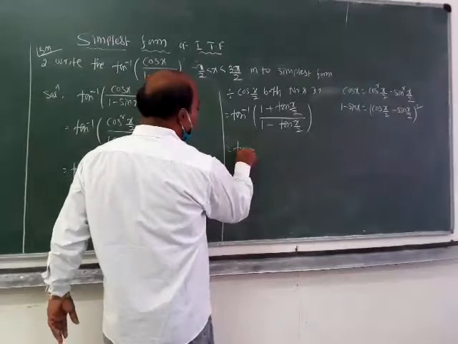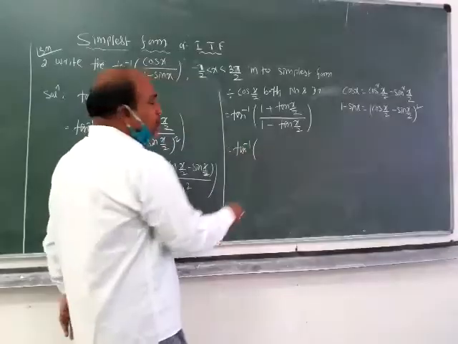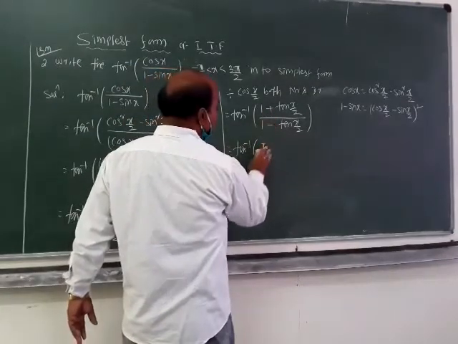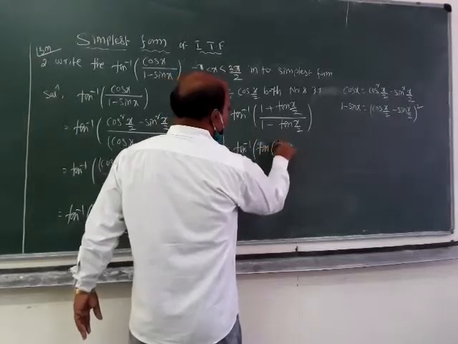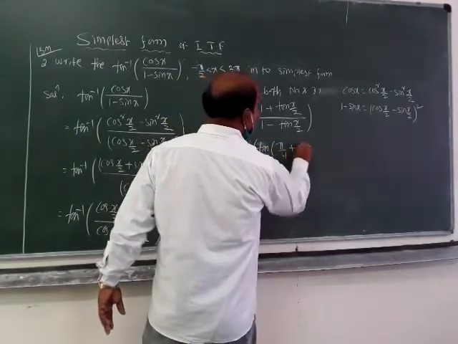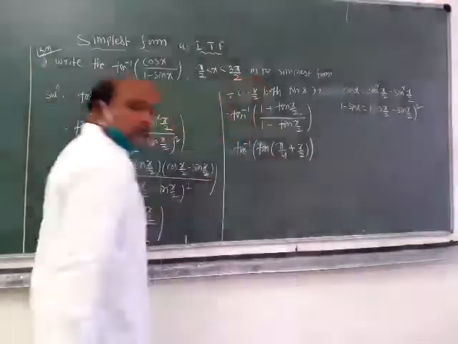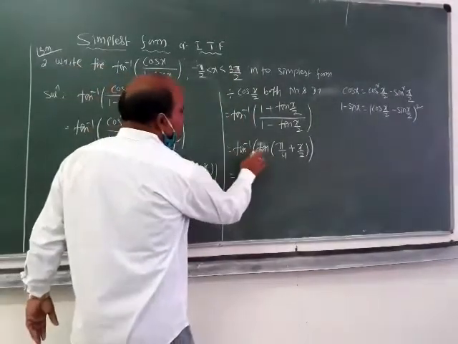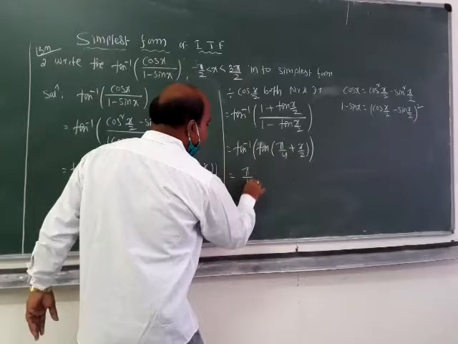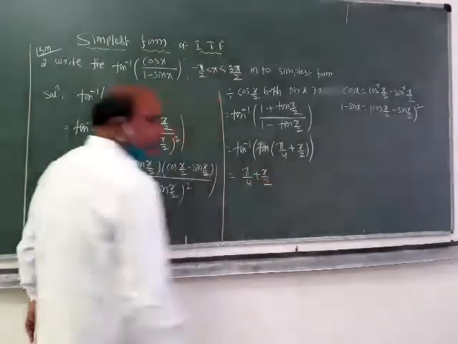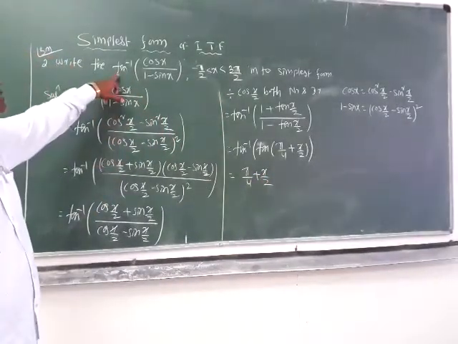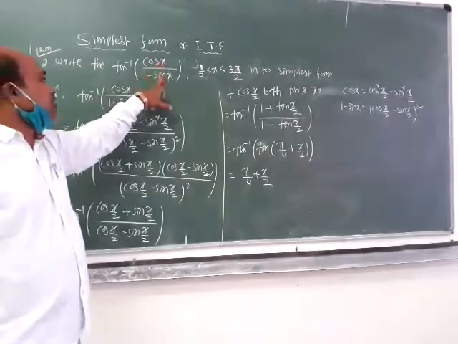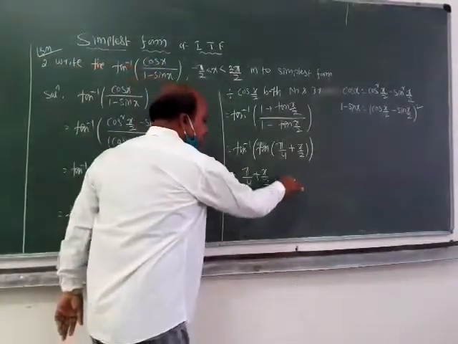By using the formula I told you, since plus is there, it becomes tan of pi by 4 plus x by 2. So by using the inverse trigonometric formula, you will get pi by 4 plus x by 2, which is the answer of tan inverse of cos x upon 1 minus sin x.